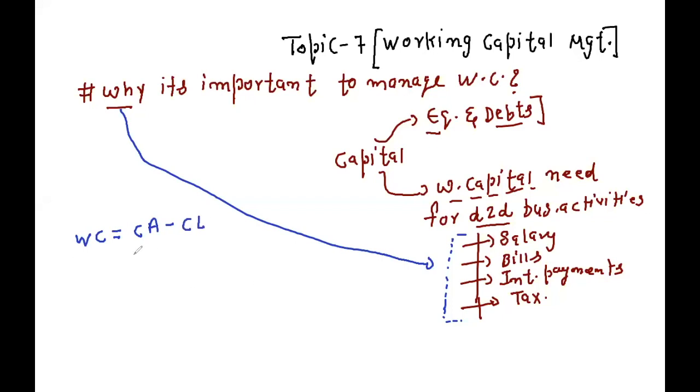After subtracting current liability, whatever money is left is called working capital. Working capital could be positive or negative.